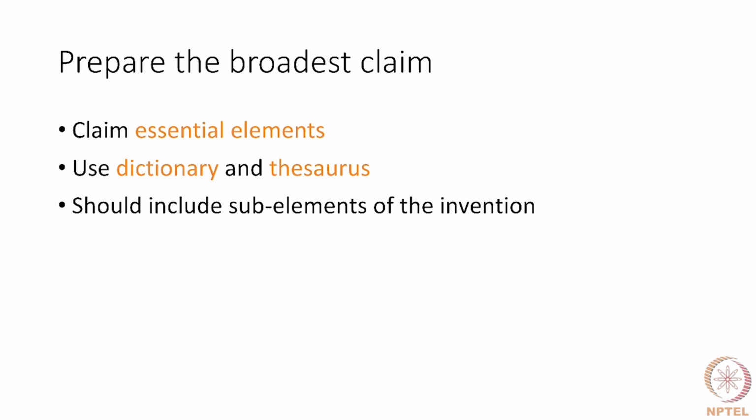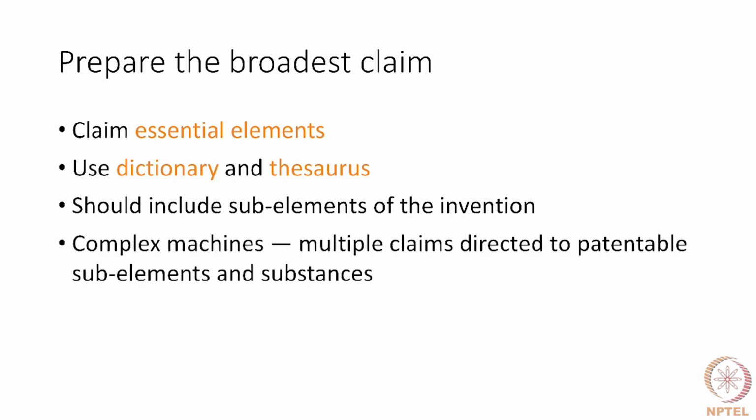So you can introduce the sub-elements in detail in the dependent claims. Complex machines normally have multiple claims covering the sub-elements. So whenever you are patenting a complex machine, you should factor in that there could be multiple claims directed towards the patentable sub-elements and substances.